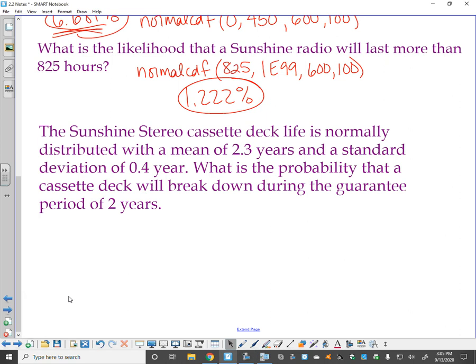Sunshine Stereo cassette deck life is normally distributed with a mean of 2.3 years and a standard deviation of 0.4 years. What's the probability that a cassette deck will break down during the guarantee period of 2 years? So I hope you guys are starting to see who would actually use this information.